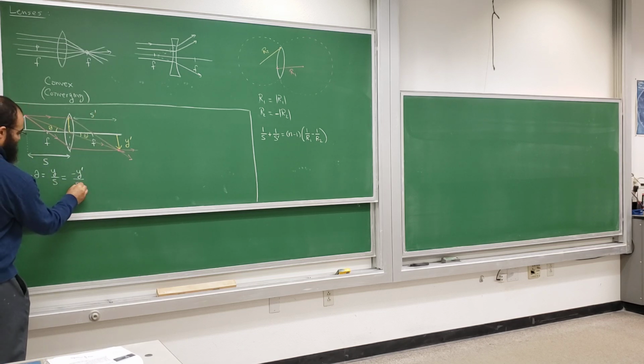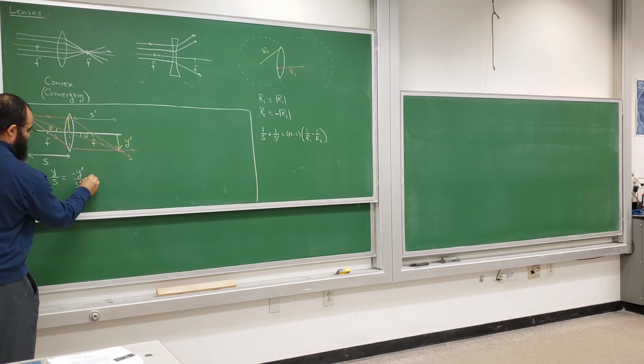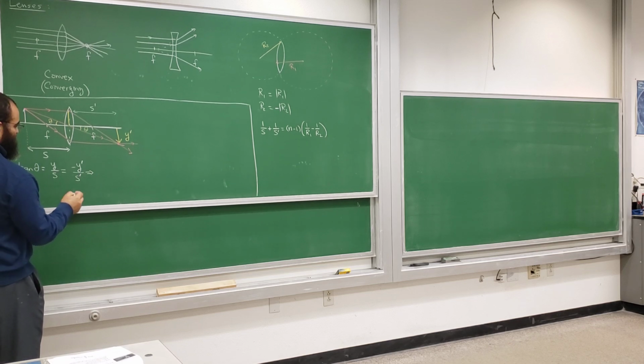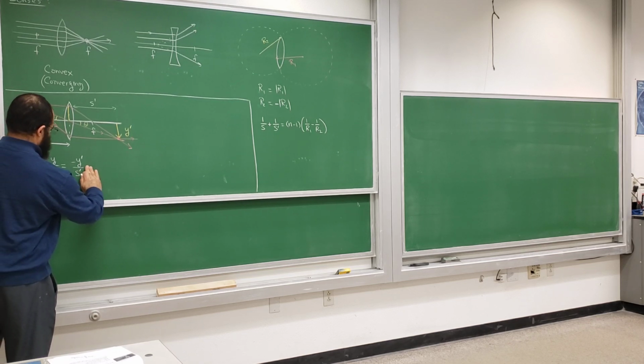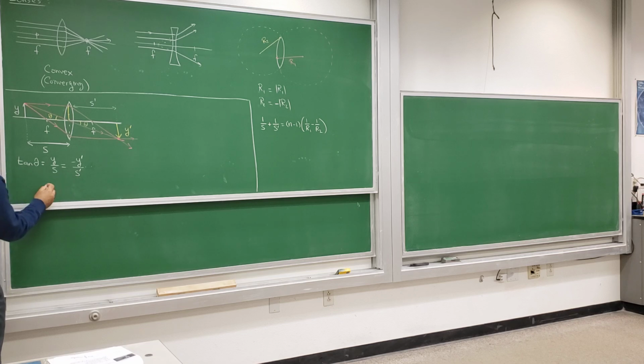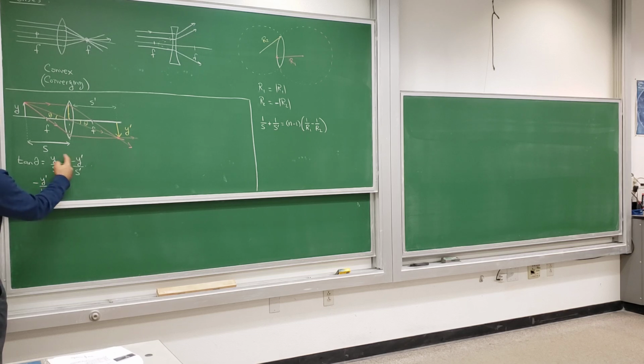That means if I combine these two together, I will get the following: minus y prime over y will equal s prime over s. Agree with that? Right? You could just modify it to become this.